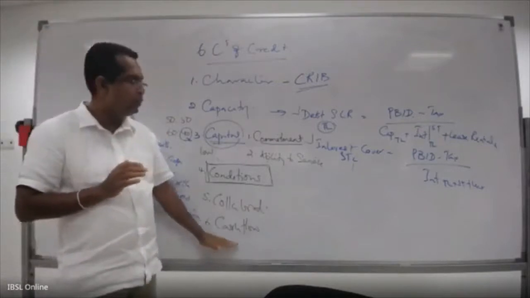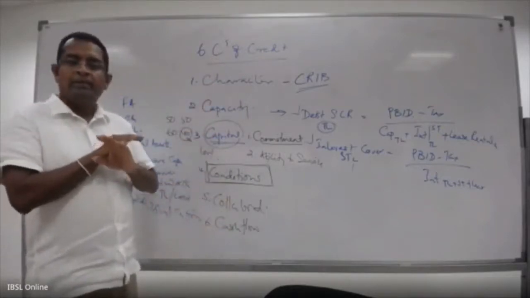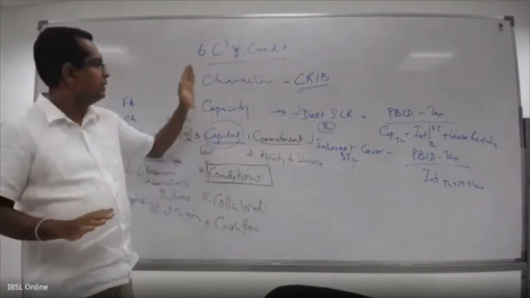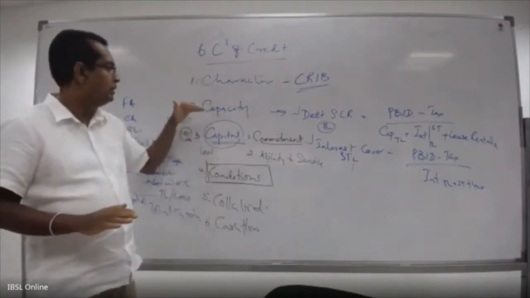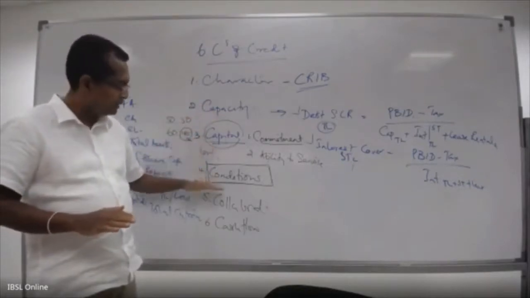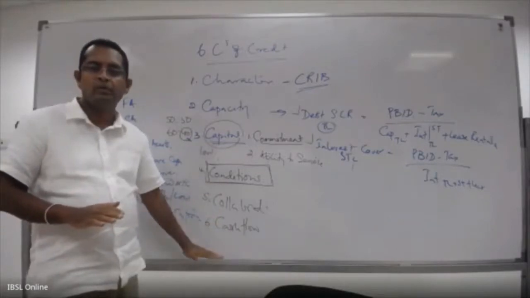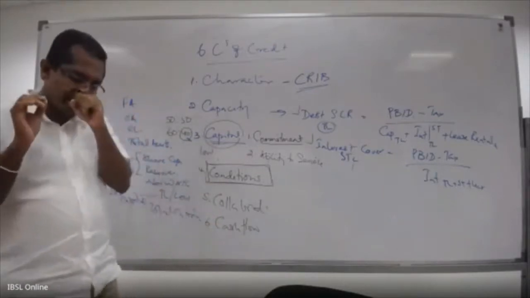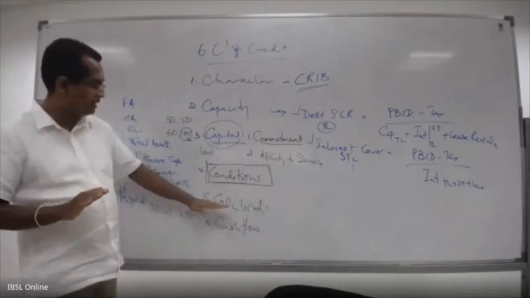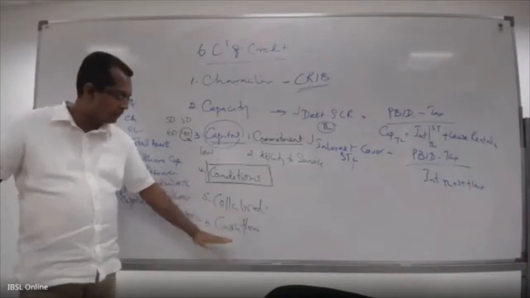So these are the 6 C's of credit. This is the basic principle in credit. Character, capacity, capital, condition, collateral, and cash flow. If the examiner asks you 5 C's of credit, you stop here. If there are 6 C's of credit, you go there.